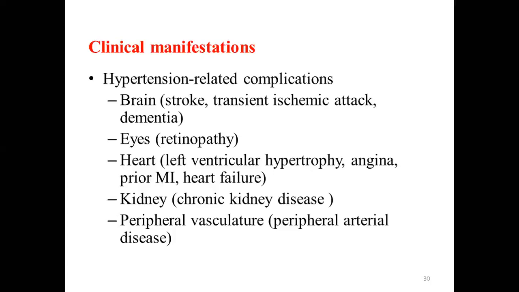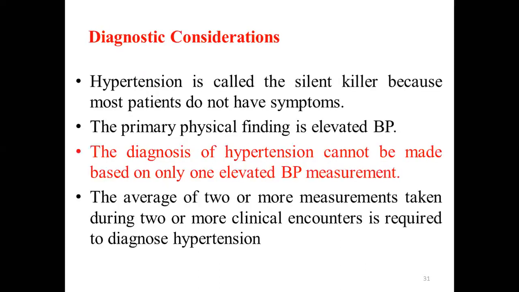Those are some of the complications. You will see even problems in the kidney. They complain of pain in the kidney areas, either left or right kidney or both kidneys. Otherwise, you can't really see any clinical presentation when someone has hypertension.